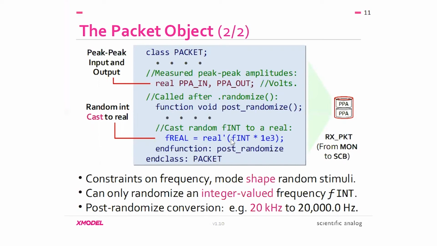So we've customized it to take the integer frequency, let's say 27 kilohertz, we multiply by 1,000 and cast it into a real type. So freal is now 27,000.0 hertz. And we'll see in the next section how to convert this randomized real frequency value into an actual sinusoid that we can apply to the DUT.